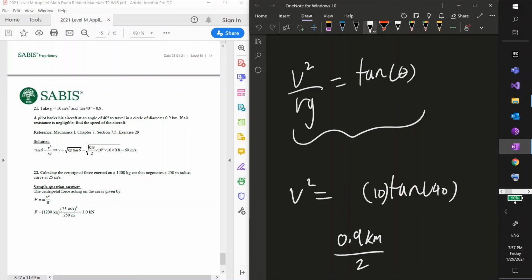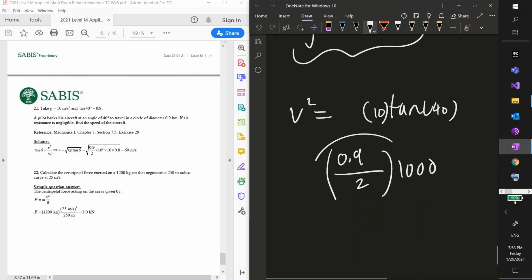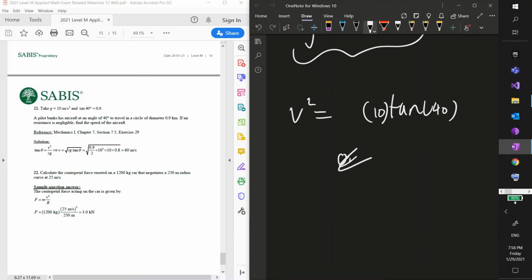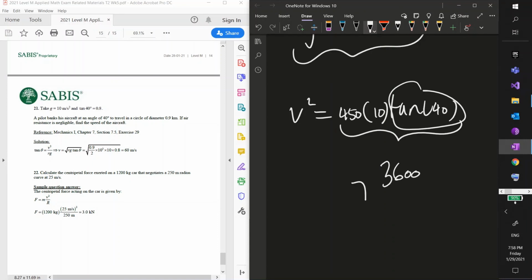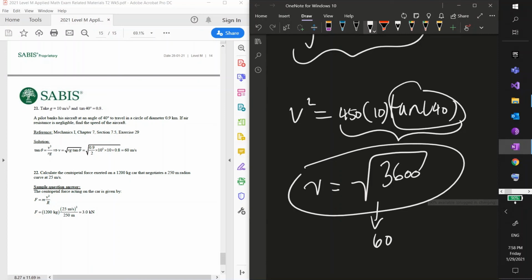You divide by 2 to get the radius, and you change it to meters by multiplying by 1,000. So your radius is just 450. So you have 450 over here, and you solve. In the question, tangent of 40 is 0.8, so this is equivalent to 3,600. Take the square root to find v, and you get 60.